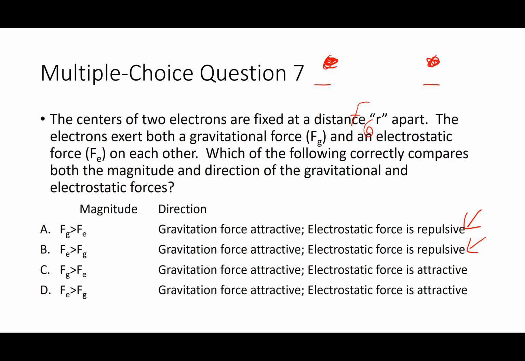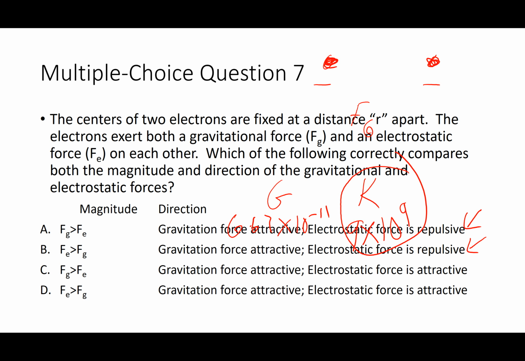Now here's the thing. Remember, our two equations for gravitational force and electrostatic force look almost identical. But what's different is the universal gravitation constant and K. K is equal to 9 times 10 to the 9th, whereas G has a value of 6.67 times 10 to the minus 11.